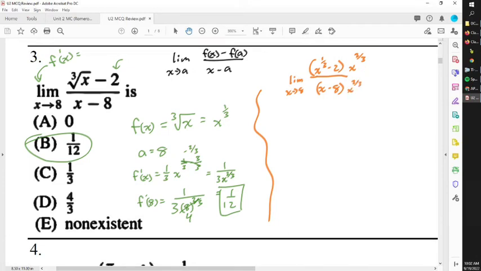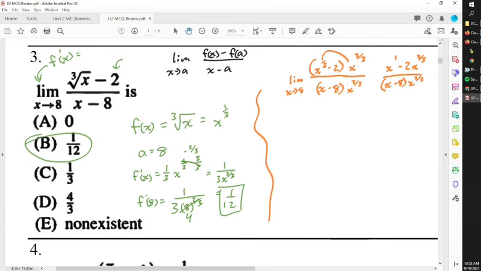I don't know if this will work, but let's see. So if I multiply the top by x to the 2/3, I'm going to get 1 from that, because what is 1/3 plus 2/3? It's 1, right? So I get x raised to the 1 minus 2x raised to the 2/3. On the bottom, I get x minus 8 times x to the 2/3.